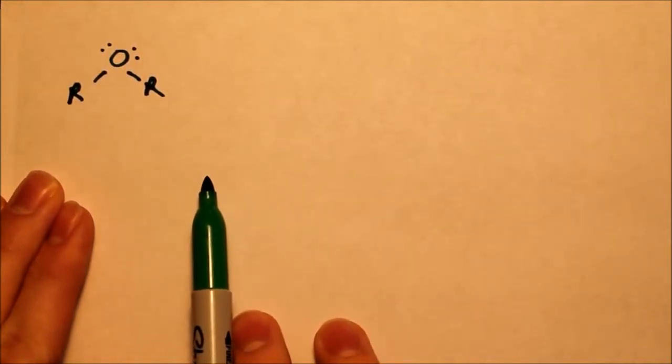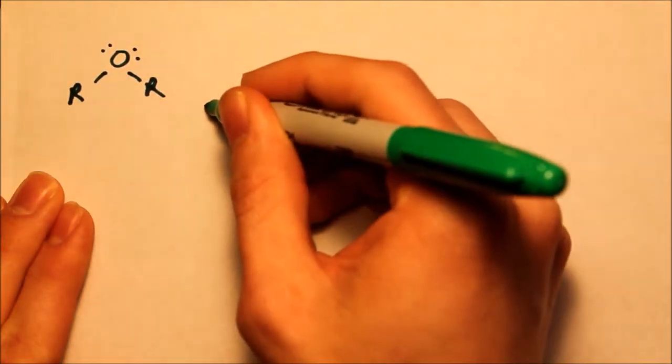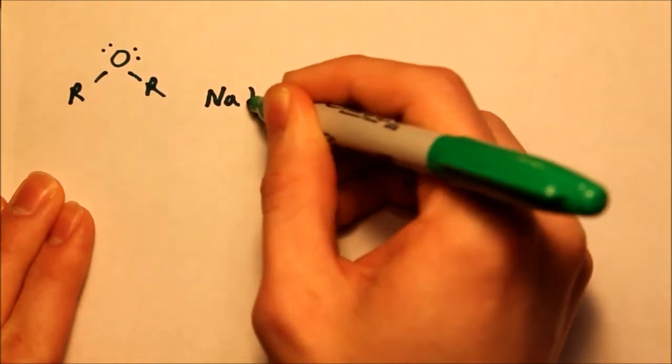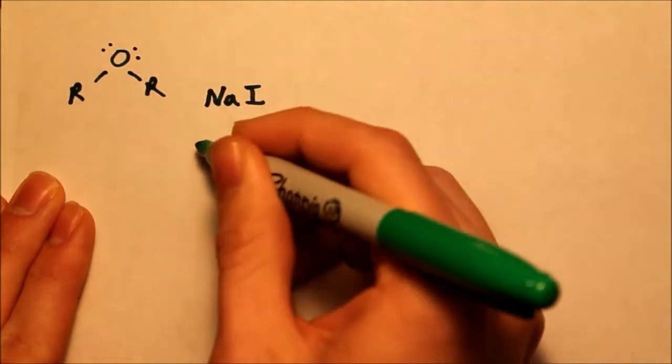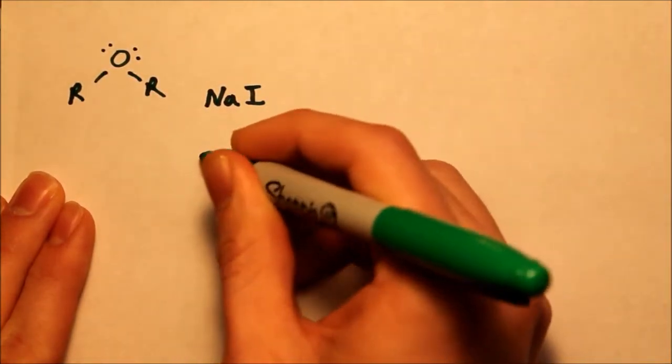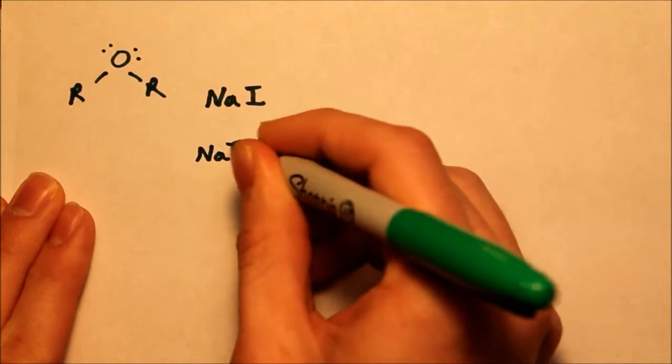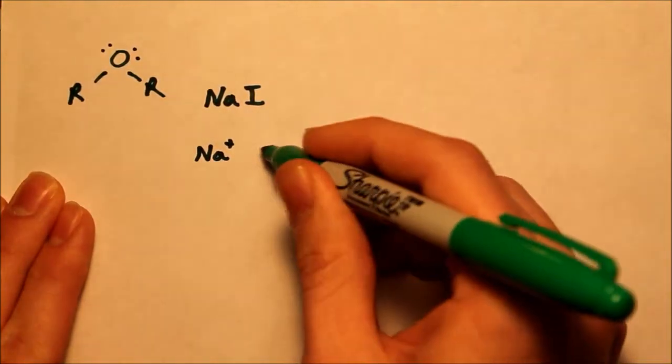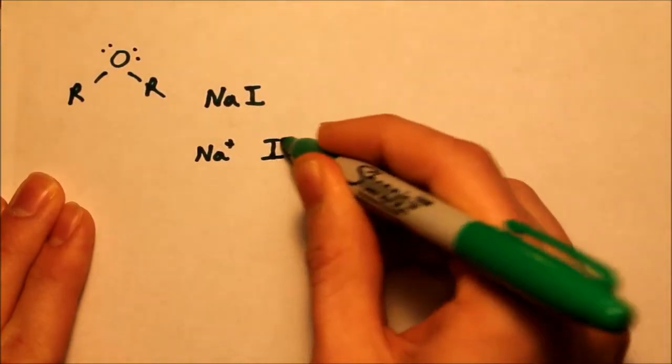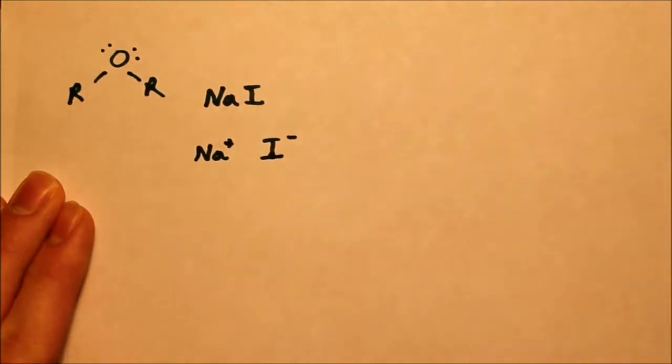Well, if we're to get into salts, such as, let's say, sodium iodide, NaI, when this breaks apart, we're going to have a positively charged ion, cation of sodium, and a negatively charged anion of iodine.